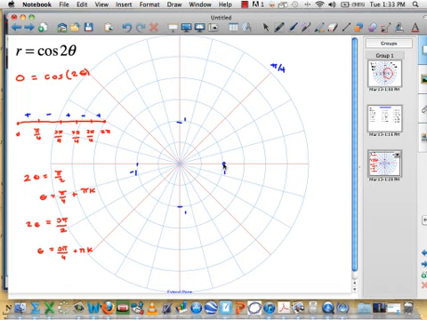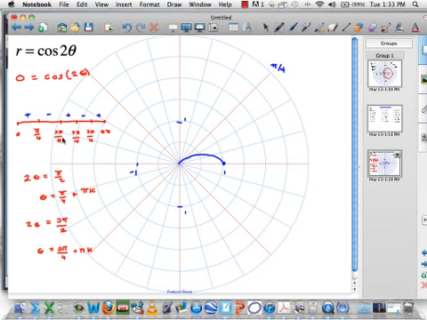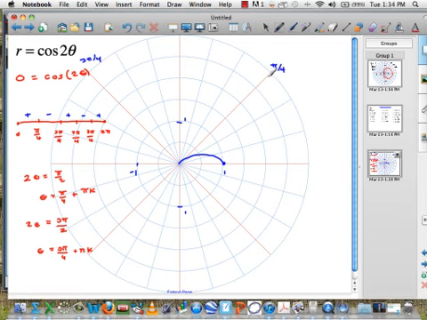Okay, so without knowing much of anything else, I'm going to say that the graph starts to do something like this. It starts to spiral in towards the pole, and it gets there when theta is pi over 4. Between pi over 4 and 3 pi over 4, so that's between here and way over here, my r is negative, which means the dots don't get plotted here.